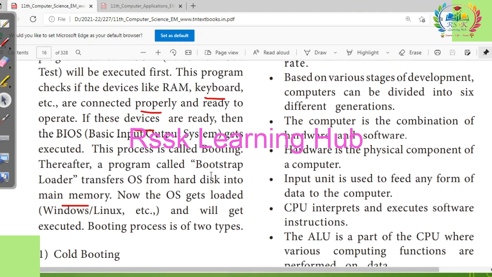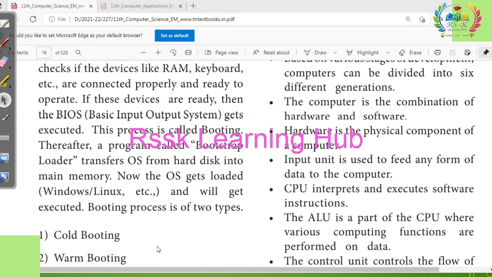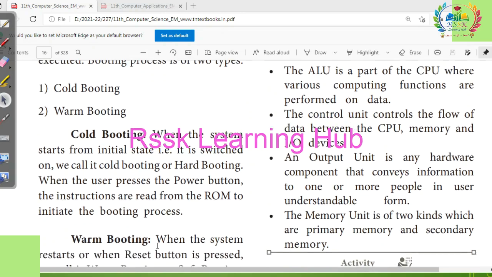Now we will see how the OS gets loaded. Based on your operating system it gets loaded, and the booting process has two types: cold booting and warm booting. Cold booting means the system starts from the initial stage when it is switched on.